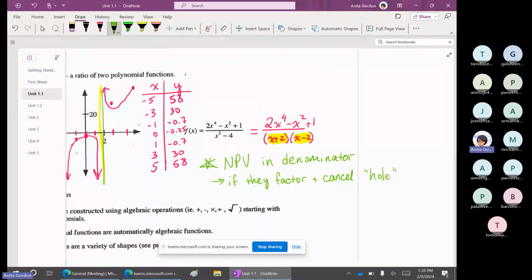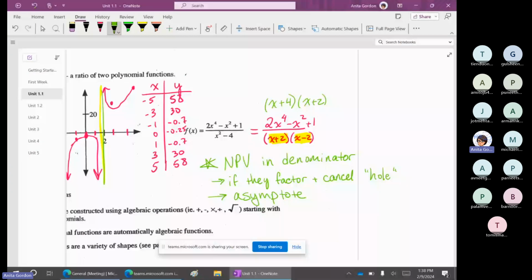So this means if I could factor the top and get something like x plus 4, x plus 2, and I have a numerator and denominator that cancel, then I still have a non-permissible value, but it's just a point. It's a hole in the graph. However, if I have a non-permissible value that does not cancel out, then I have an asymptote.